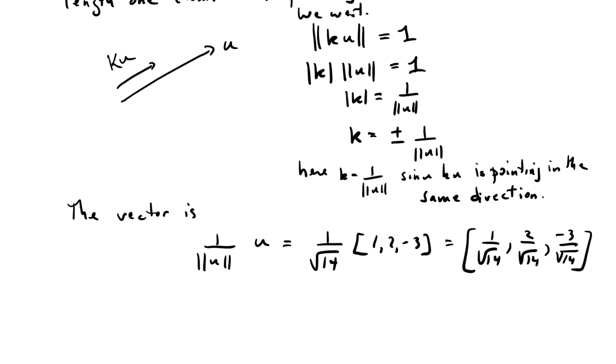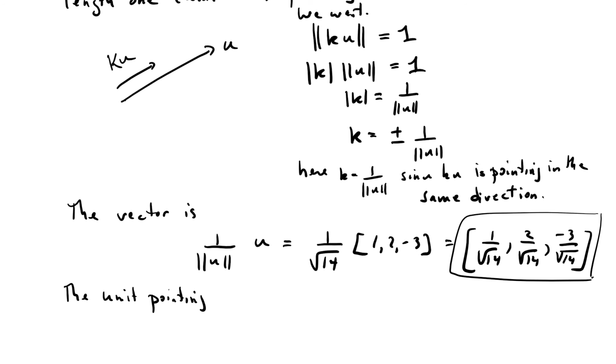If I want to create one that's pointing in the opposite direction, the unit vector pointing, well, by the way, we're done, right? Answering the question I just asked initially, but let's say I add another one, the unit vector pointing in the opposite direction. Well, all you have to do is take the opposite of the previous vector.